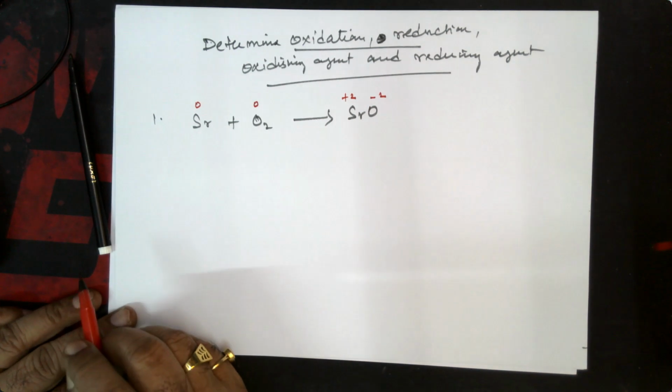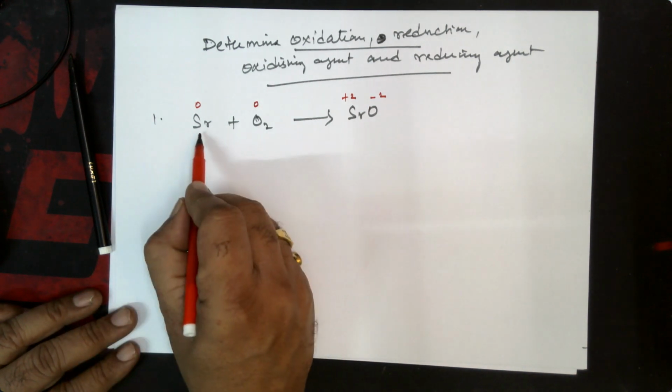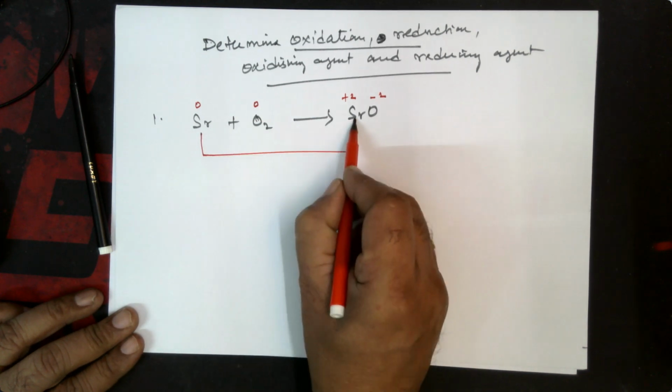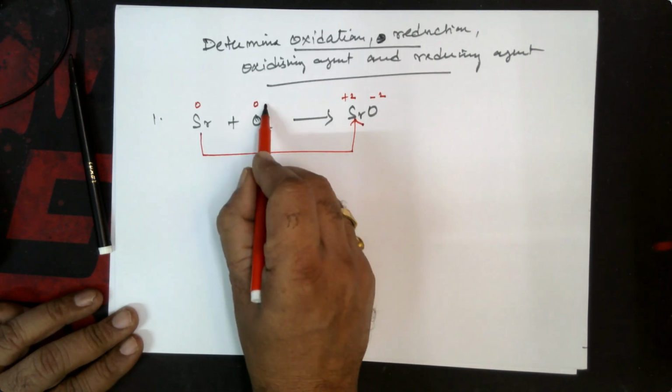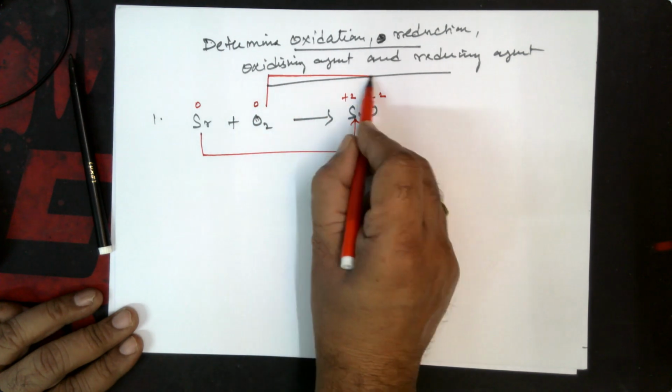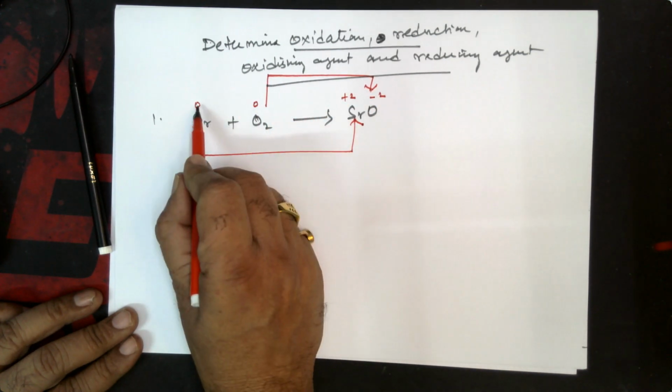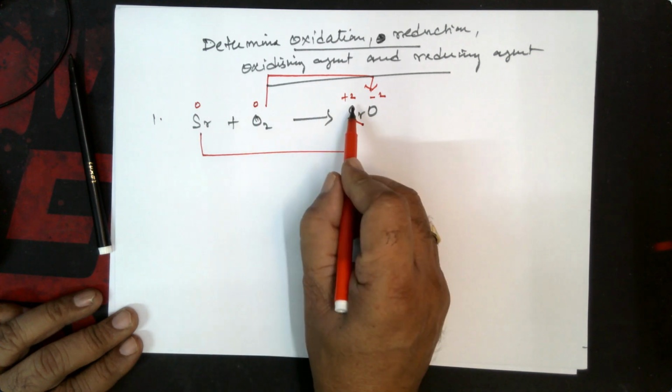Okay. Now Sr becomes here +2 and O2 becomes -2. That is 0 becomes -2. In this case Sr0 becomes a Sr +2.